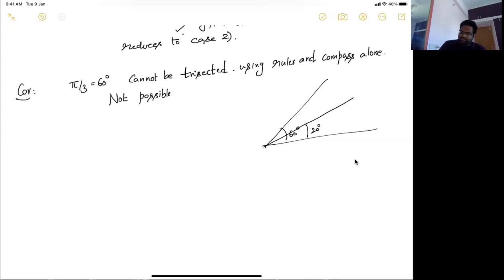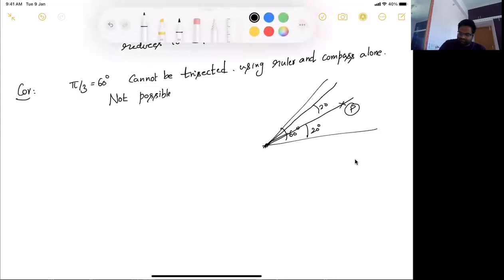All right. Trisecting an angle means, suppose you are able to find a point P, and if you join this, you can form 20 degrees. All you need to do is to find a point P on the given line. So this is my point P, and you can join this point and this point to form 20 degrees.